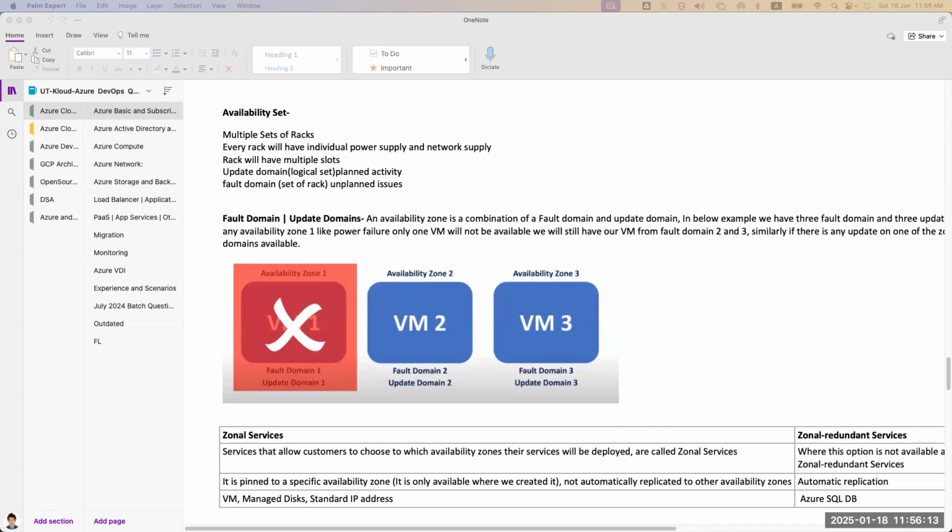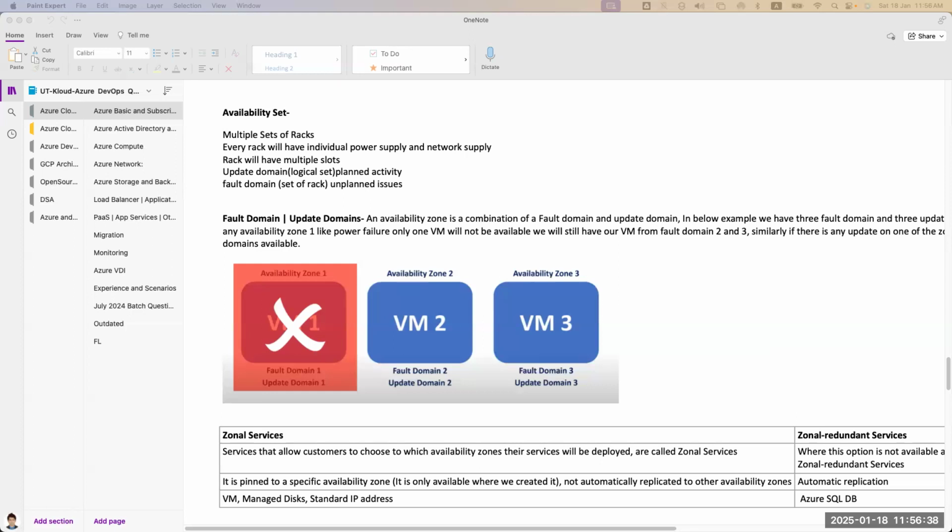The UAE government says that my data cannot go outside UAE. And UAE, I guess there is only one region, and that doesn't have availability zones. So we need some redundancy option, right? Now what is that? For that they have availability set. Availability set is a lighter version of your availability zone.